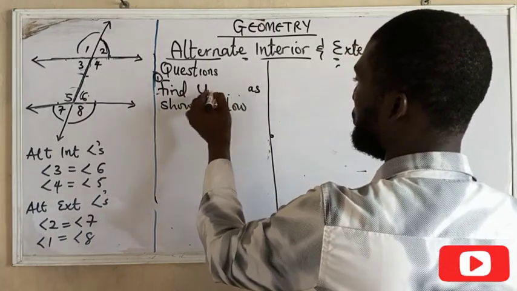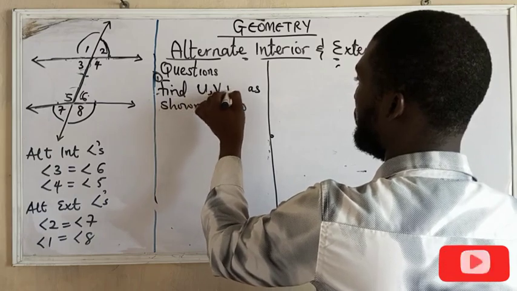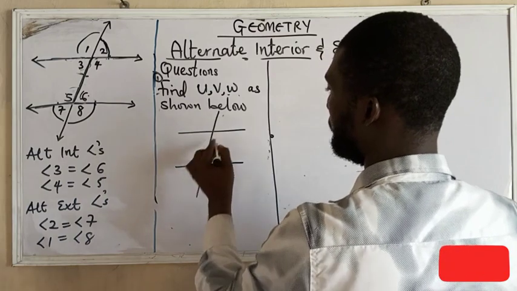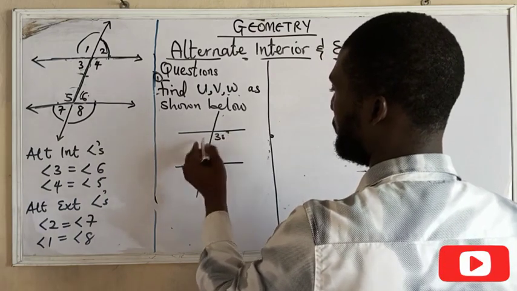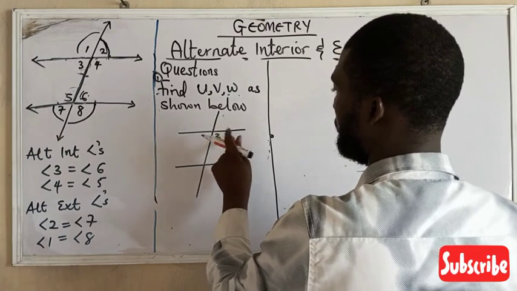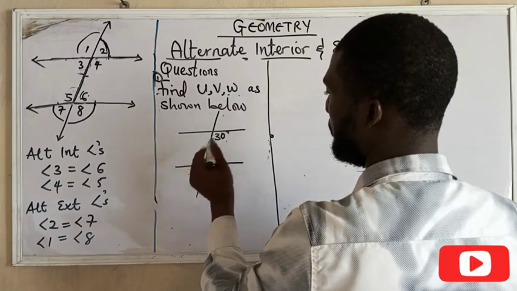So let's say the question says find U, V, W, and we have something like this.